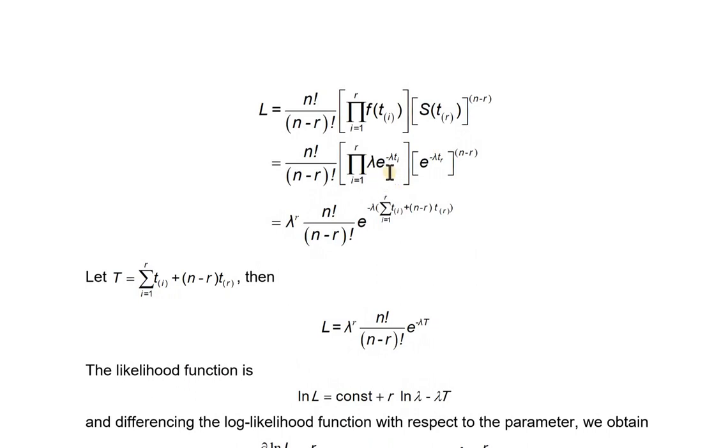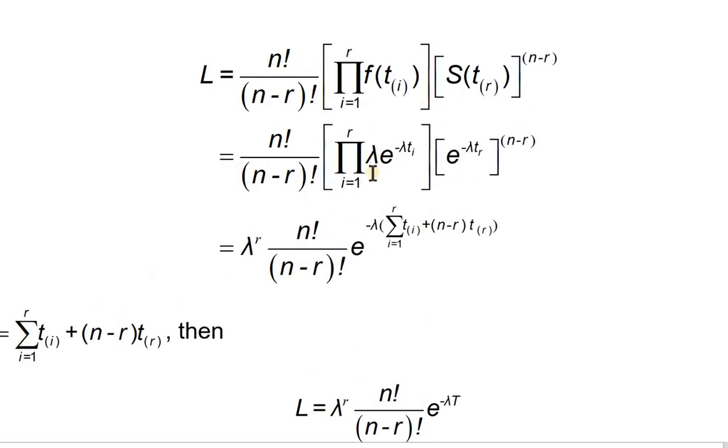So here is the PDF and S(t), or the reliability function, of the exponential distribution. For the first part, we can take out the lambda, so what remains is the multiplication of lambda t_i, which means it is the summation of t_i.